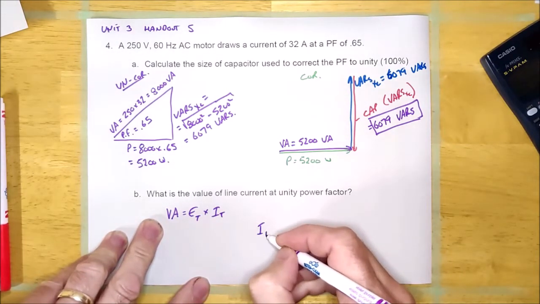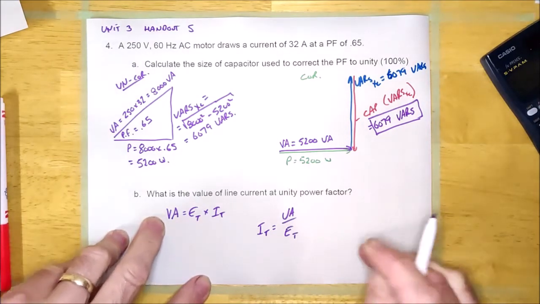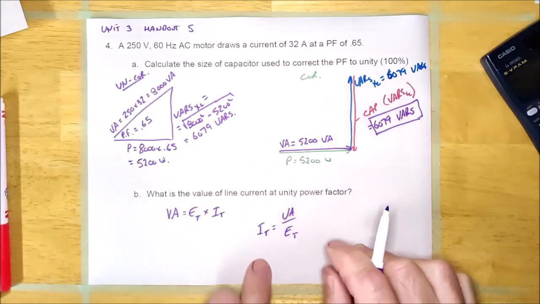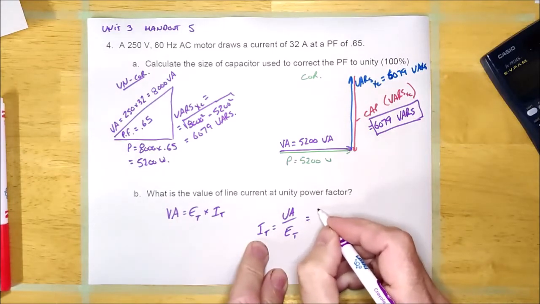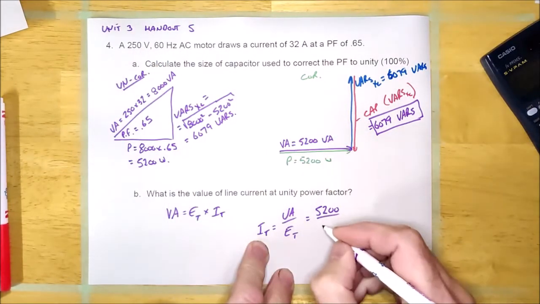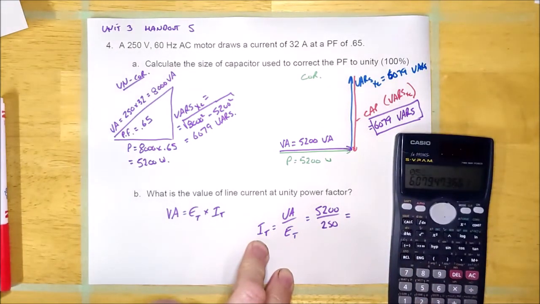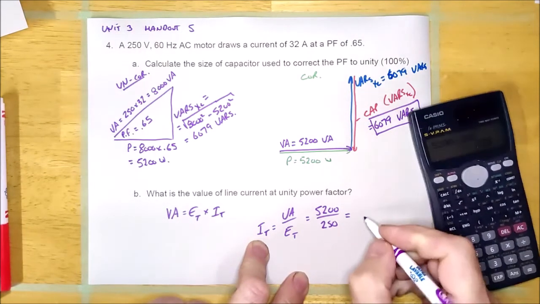That means that I total is going to be VA over E total. And the question is, what VA do I use? Well, you use the VA after you've corrected it. And so it is 5200 over the voltage, 250. And I'm going to calculate that here. 5200 divided by 250, all right? And it's 20.8 amps.